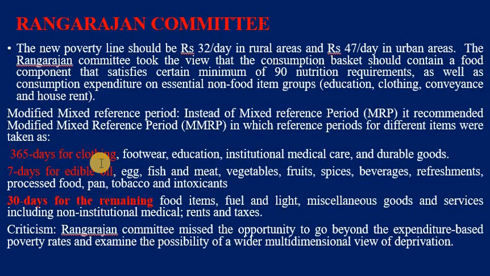We'll see another important one, the Rangarajan Committee. In this, they use another unique one, the modified mixed reference period, MMRP. The poverty line should be 32 rupees a day in rural areas and 37 rupees a day in urban areas.